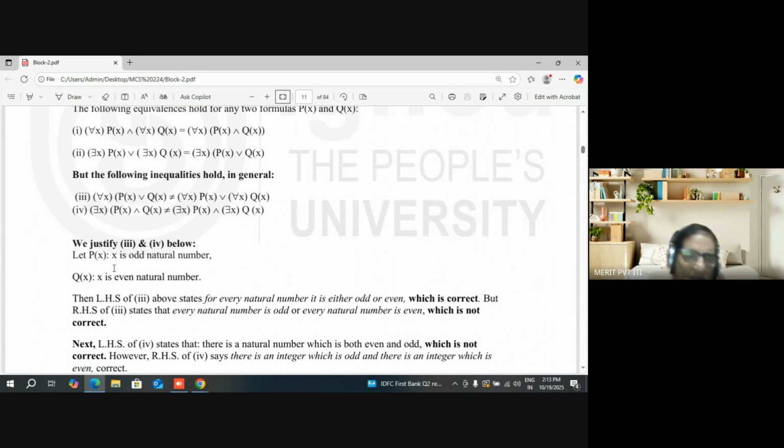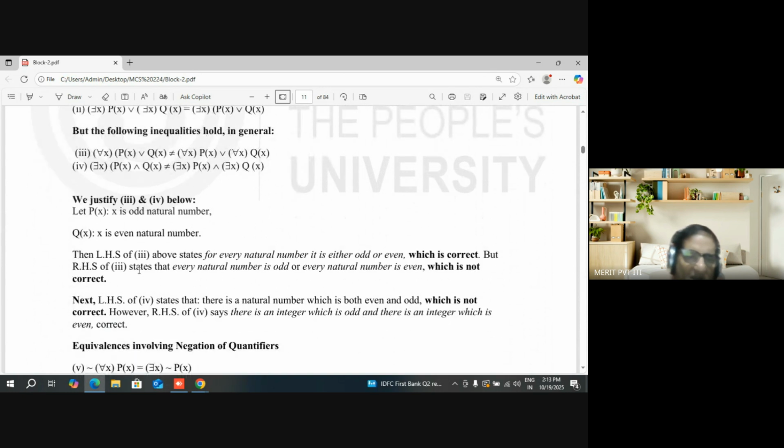Let P(x): x is an odd natural number, Q(x): x is an even natural number. Thus, the left hand side of the third statement, for all x (P(x) or Q(x)), is not equal to (for all x P(x)) or (for all x Q(x)). So that type of thing. The left hand side of the third statement says for every natural number it is either odd or even, which is correct.